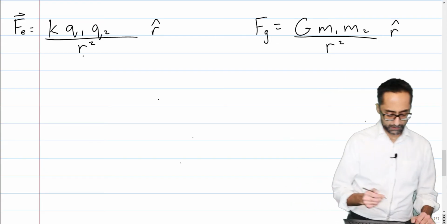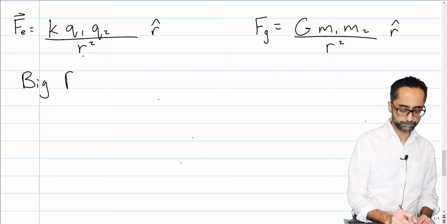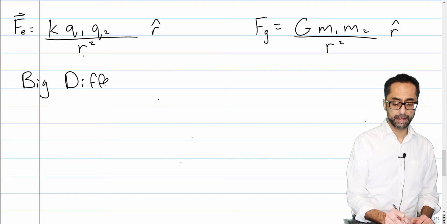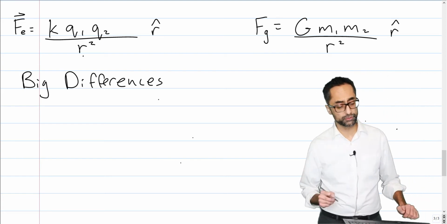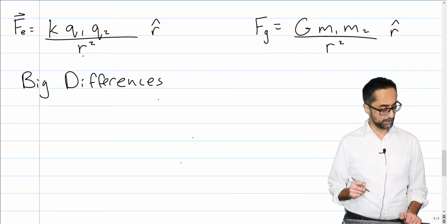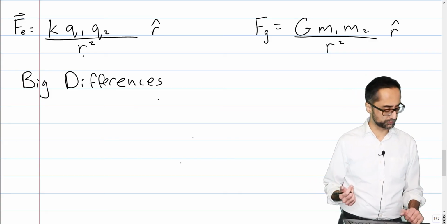And so at this point, you may want to pause this video and see if you can make a list of differences between both the force of gravity and the electric force.